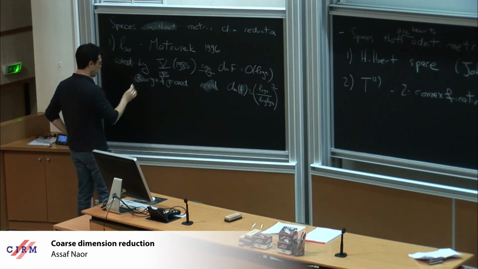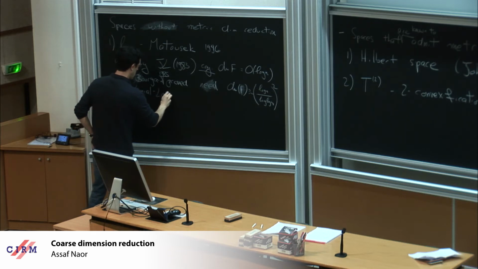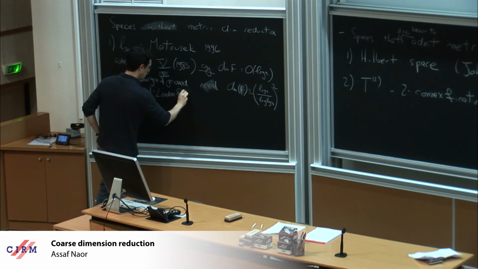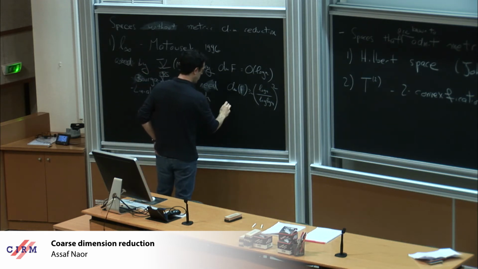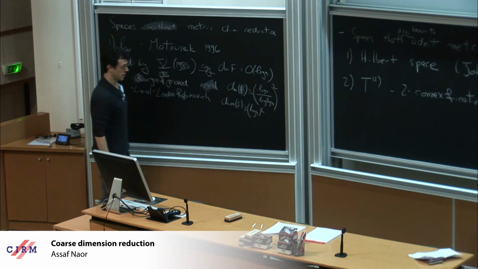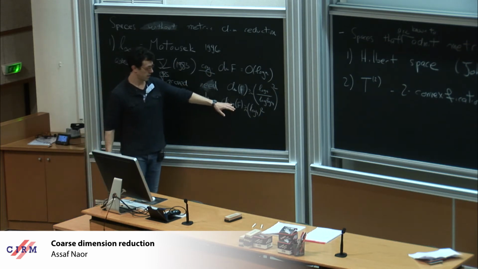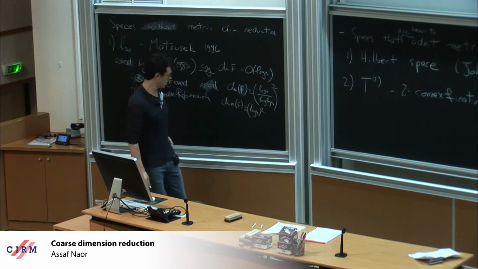There is some history which I will not get into just to save time. Prior to Matoušek's '96 proof, there was an important paper of Linial, London, and Rabinovich, which I will get to a bit later, where they removed the log log. So that's a very partial characterization of what they did. They actually came up with an important class of examples that was useful, but they removed the log log.